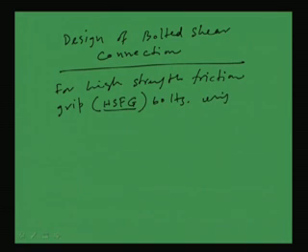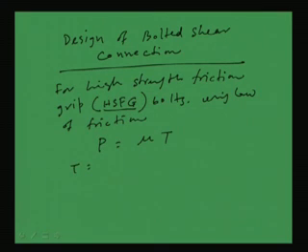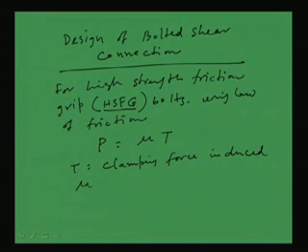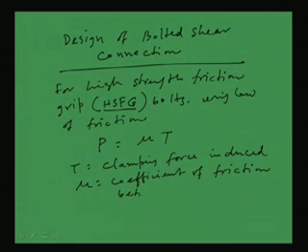Using law of friction we can write P is equal to mu into T for high strength friction bolt, where T is the clamping force induced, mu is the coefficient of friction between the interfaces.